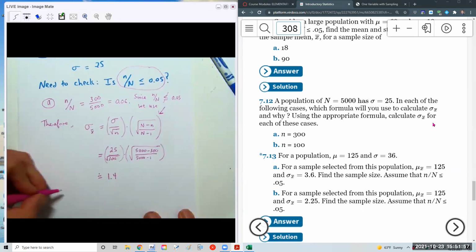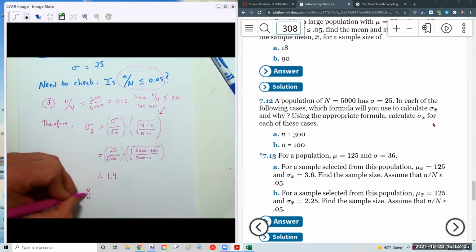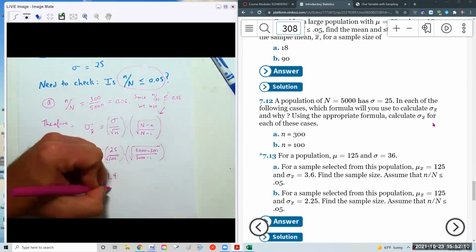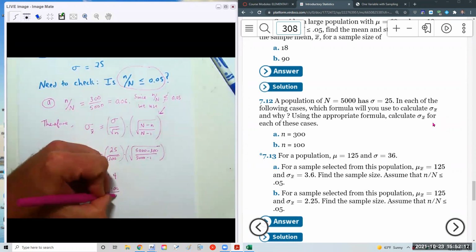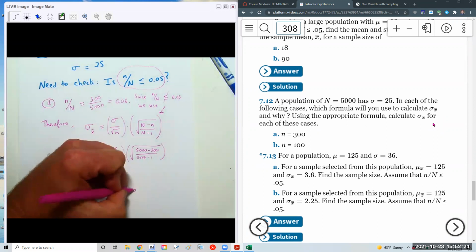And in part B, n is equal to 100. And little n over big N, it's the other way around, little n over big N is 100 over 5,000. And that came out to be about 2%.